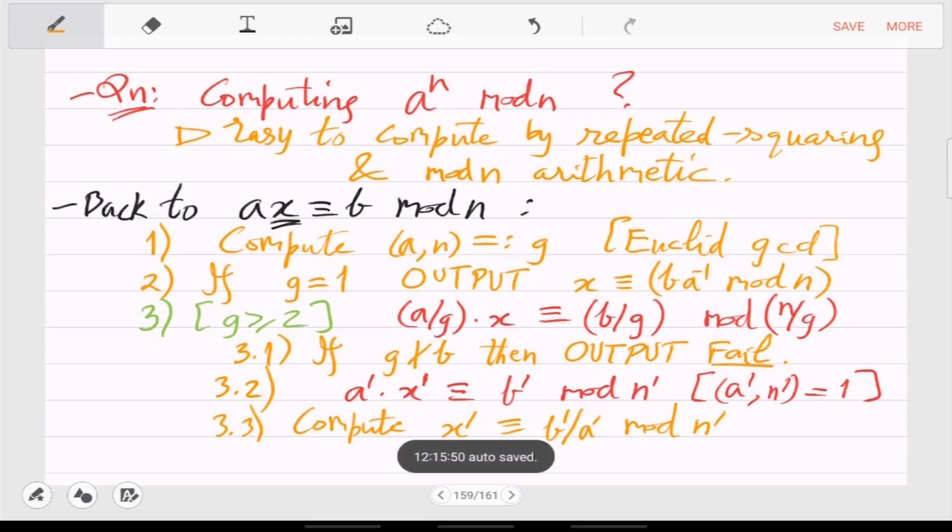But the question is, what do you output? Can you output x prime? Is x prime an honest answer of your program? No, what if you outputted just x prime? What does it mean? Exactly, so you observe or you prove that actually x prime is a valid solution.